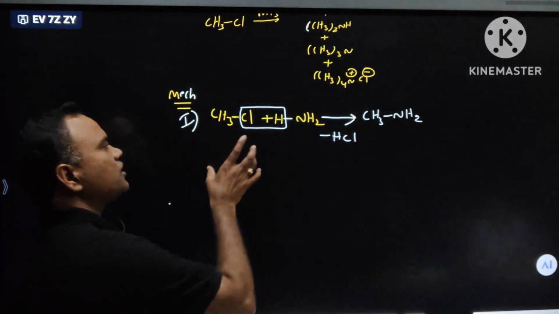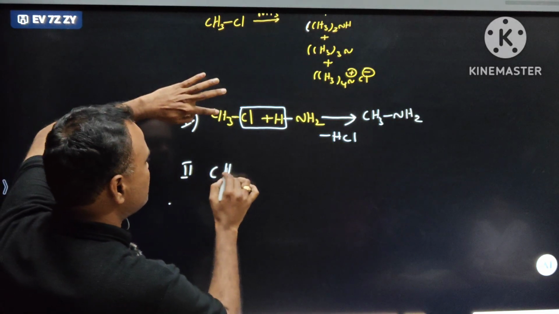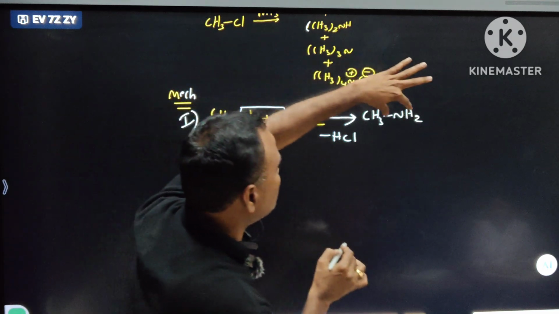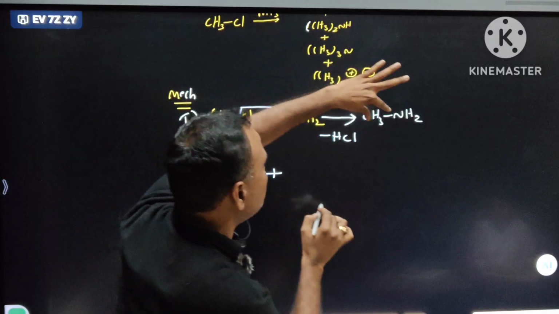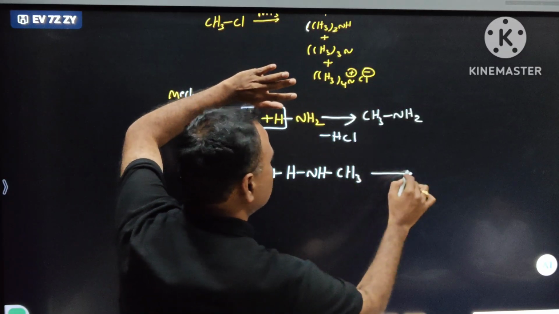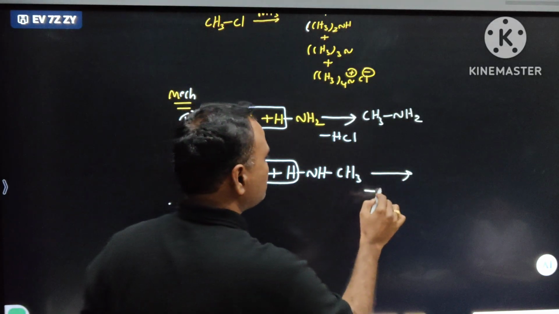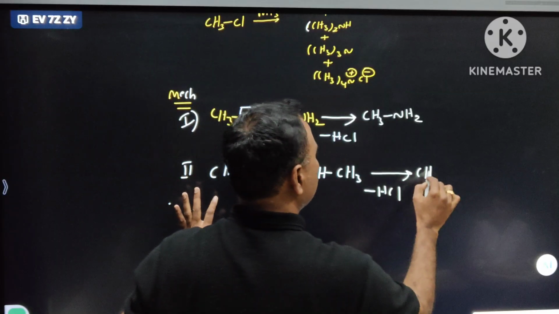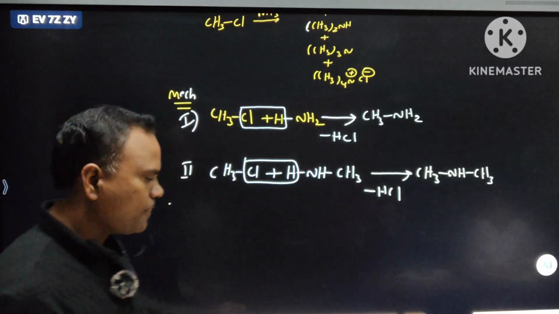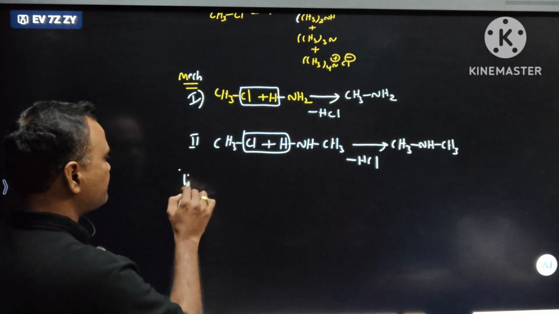The formed amine reacts with another alkyl halide. See the second step. CH3Cl is common; instead of ammonia, you take the amine, CH3NH2. Now remove HCl. What you will get? CH3NHCH3. This is secondary.